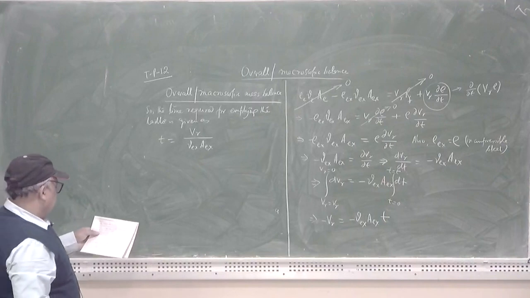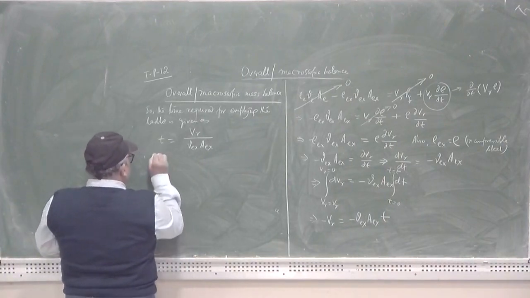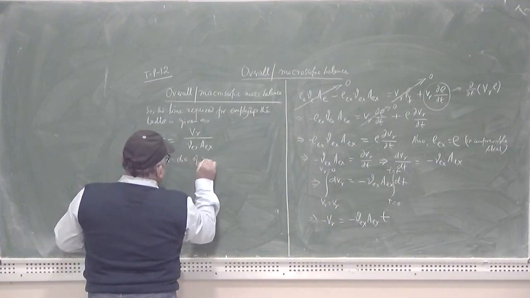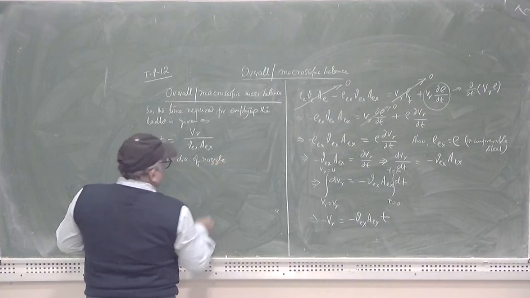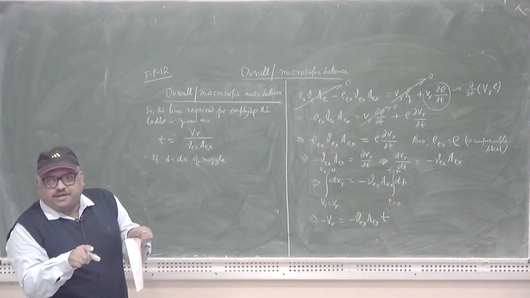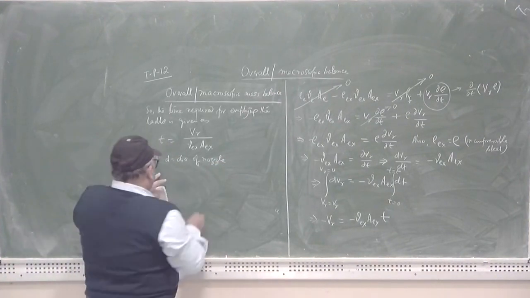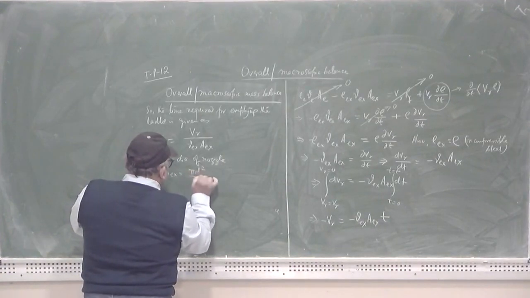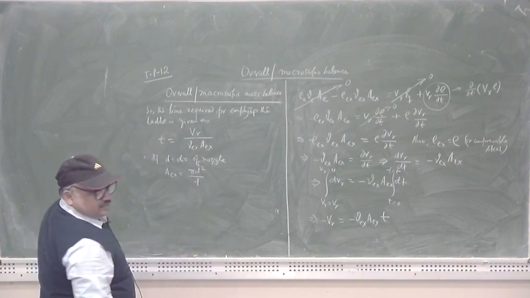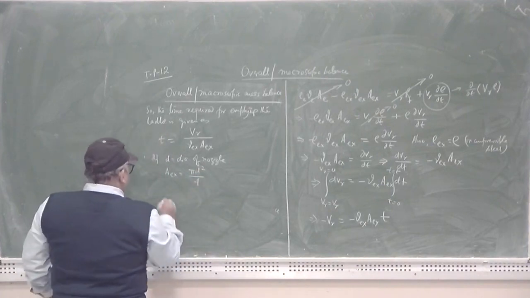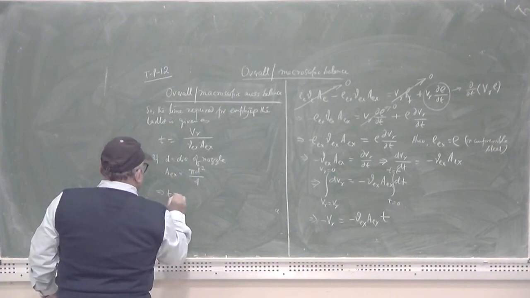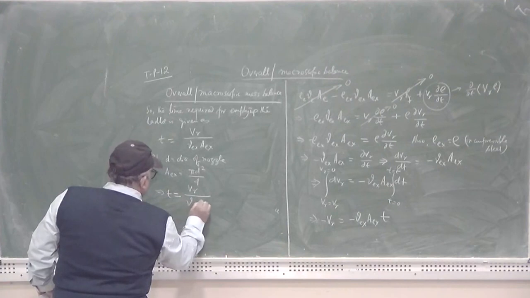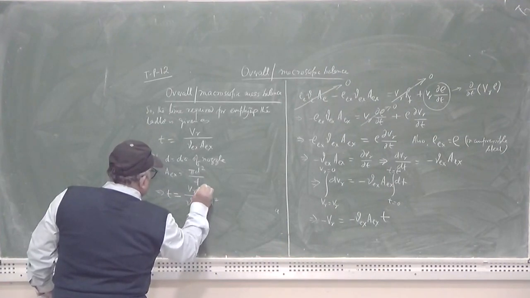This equation can be further solved if d is the diameter of the nozzle. So the nozzle is regarded as the exit point. So then A_ex is equal to pi d square by 4. Hence, the expression for t is equal to V_R divided by V_ex into pi d square by 4.